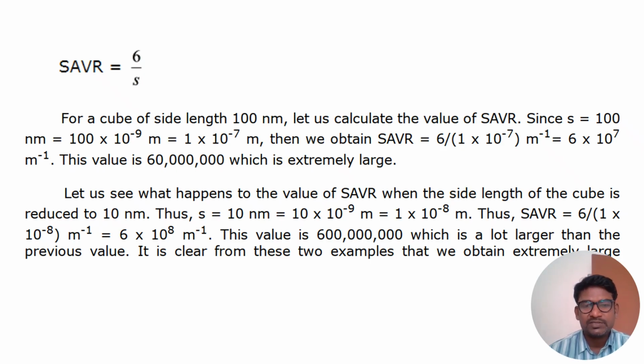Let us see what happens to the value of surface area to volume ratio when the side length of the cube is reduced to 10 nanometer. That is S is equal to 10 nanometer, which we can convert to 1 multiplied by 10 to the power minus 8 meter, so that we can calculate the surface area to volume ratio, and the value is now 60 million times larger than the previous value. It is very clear from these two examples that we can obtain extremely large surface area when we reduce the side length.